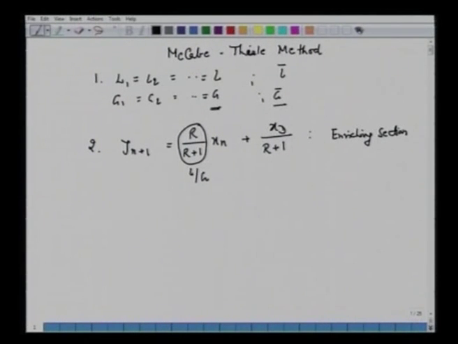Similarly, we have a straight line equation for the stripping section. Here we have L bar over L bar minus W bar times xm minus W over L bar minus W bar times xW. So n signifies the plate number in the enriching section and m signifies the plate number in the stripping section.